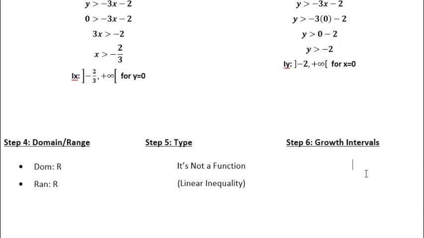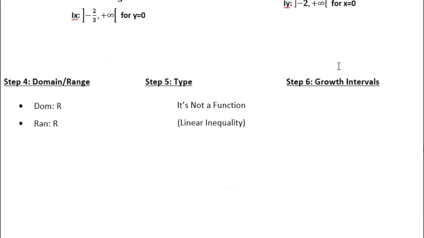And the growth intervals, that's kind of the reason why you put it's not a function, because by explaining that, you can justify that in step 6, you're going to put that it's not applicable. Because growth intervals only exist in functions.